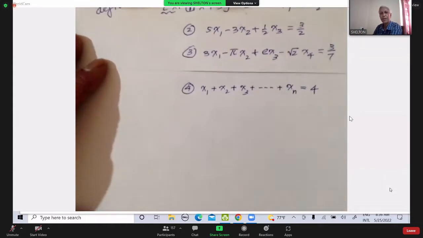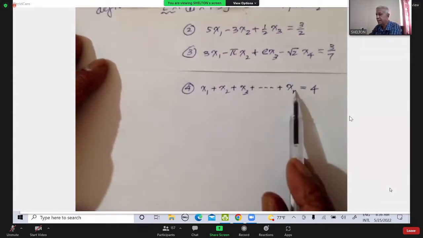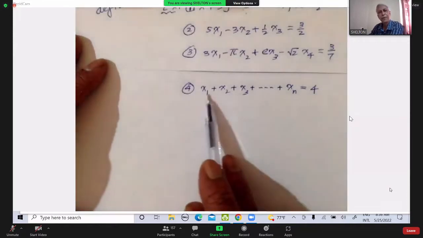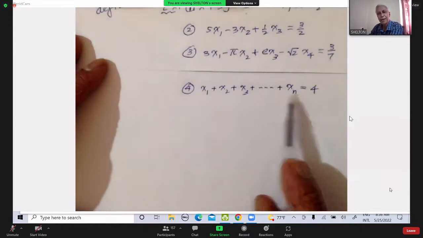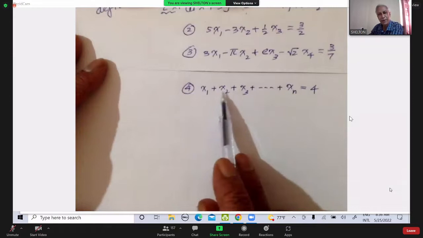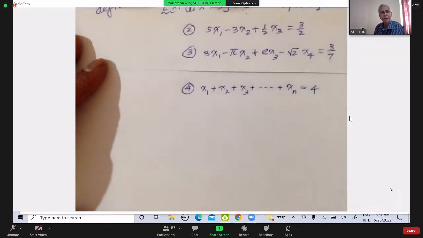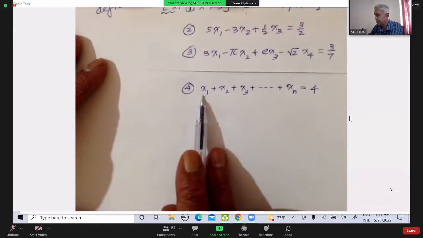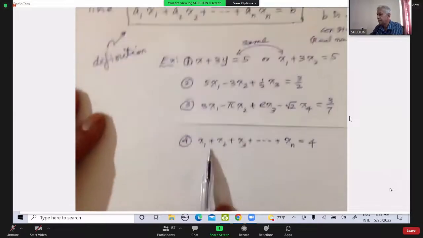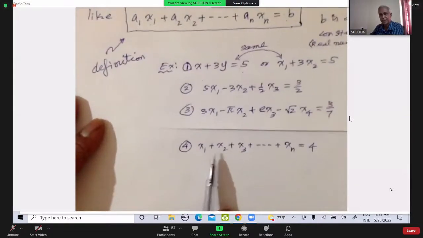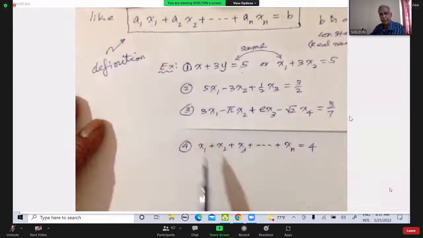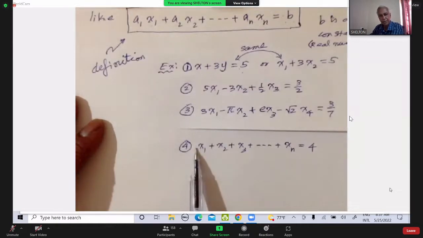That is also an example of a linear equation. And how many variables are there? Since we cannot write all the terms without knowing what n is, we can still match this with that. It's of that form, no? What is A1?